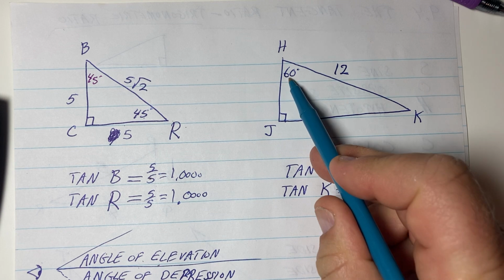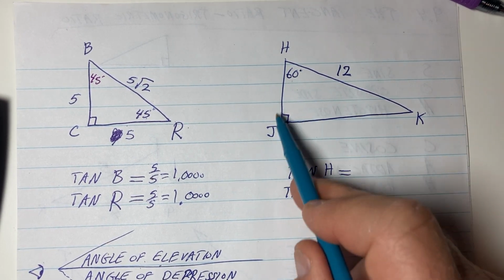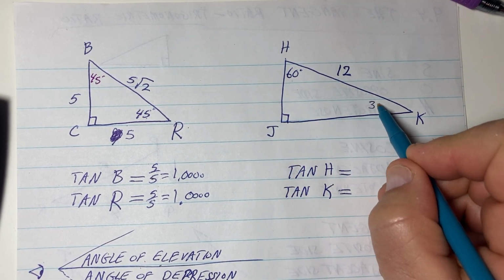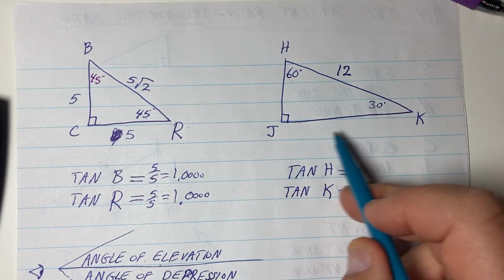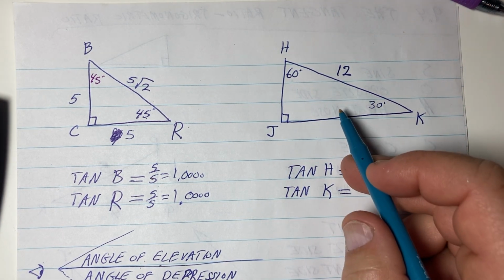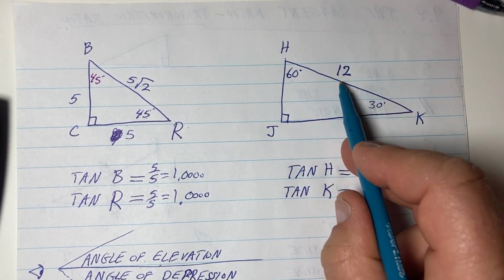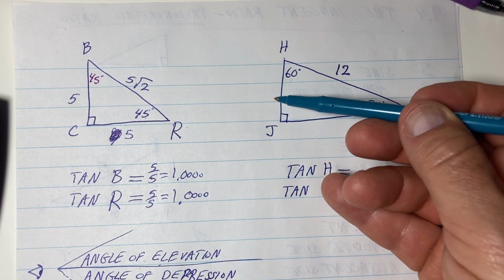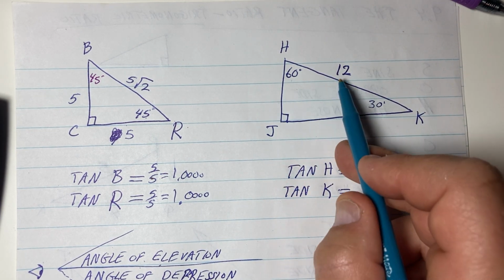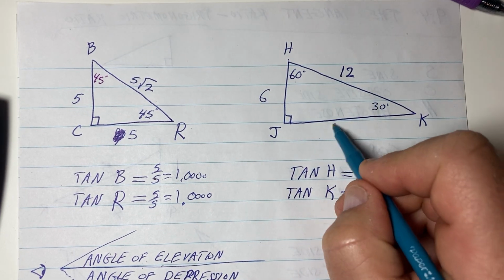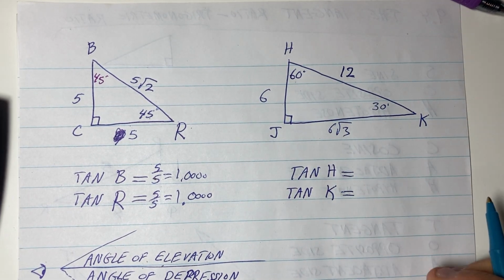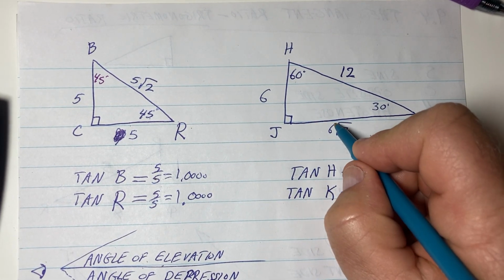Good that we know these three angles have to add up to 180. That has to be 30. Now this is a 30, 60, 90. Use what we already know. If that hypotenuse is 12, the side opposite 30 is half of that. That's 6, and that's going to be 6 root 3.